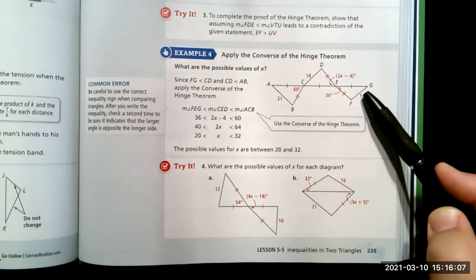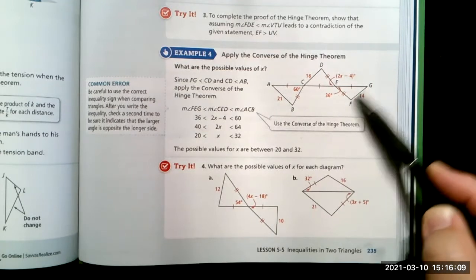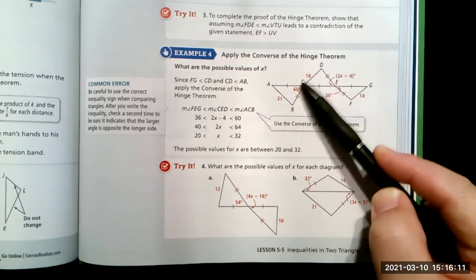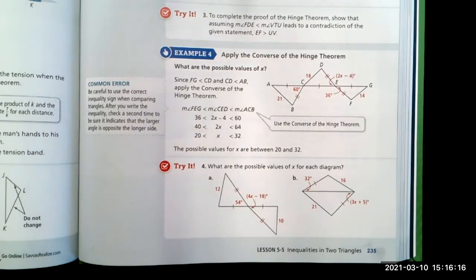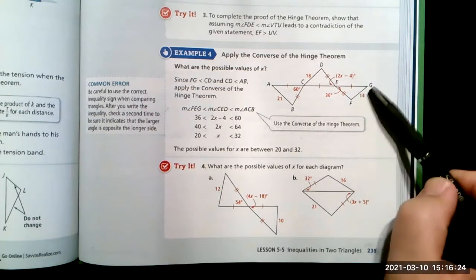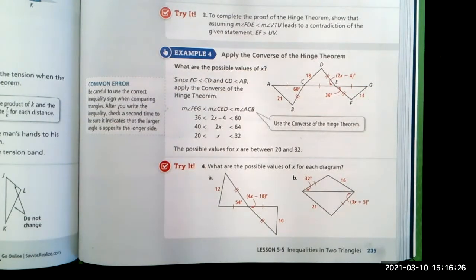They're saying that side GF is 14, side DC is 18, and side AB is 21. So they're giving us a lot of information here. They're only concerned about the side lengths, right? The side lengths right here, that's what we're going to first start looking at.